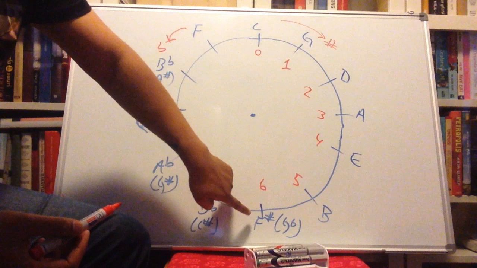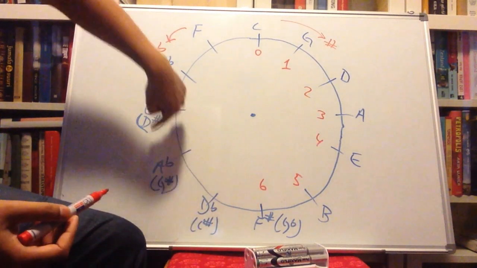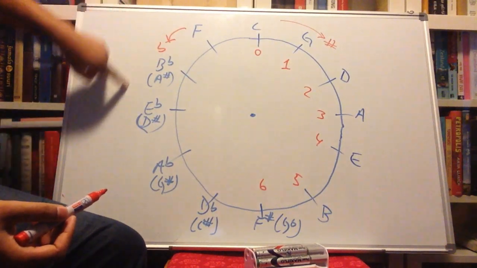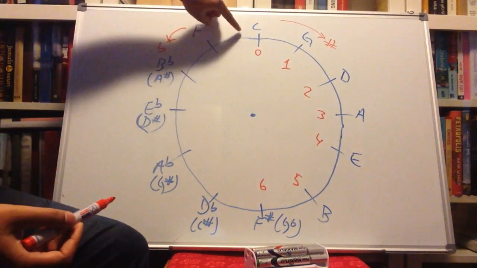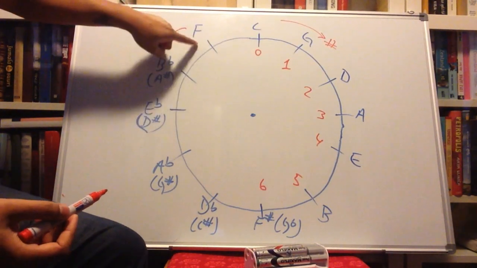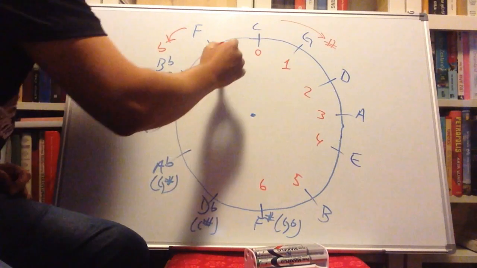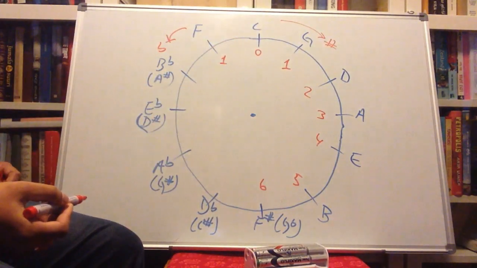Now we're at the middle of the circle. Now we are in the flats zone, or let's say flats area. Same way, 0 sharps or 0 flats. F, which is 1 step away from C, has 1 flat.